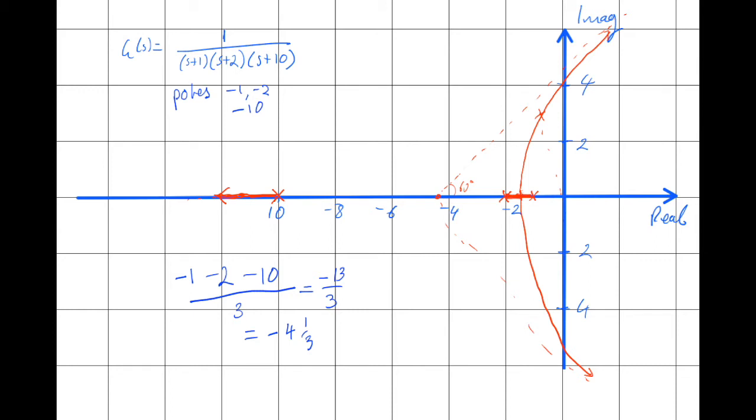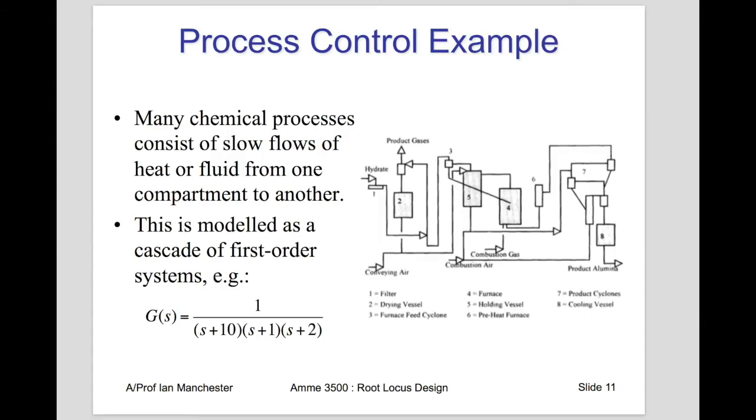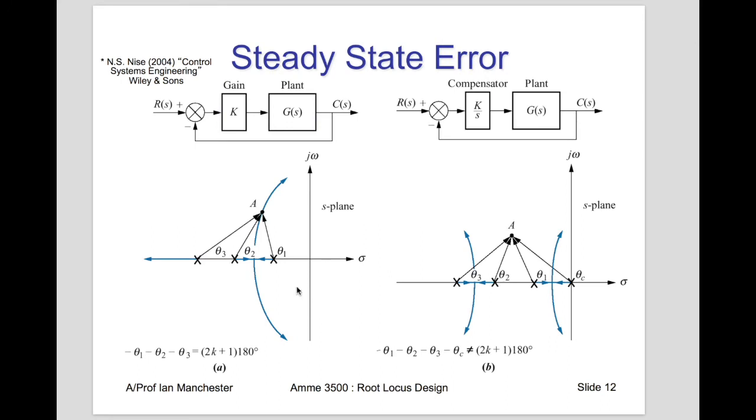So let's have a look at what happens with PI control. Here we have a system of this form with 3 poles. Now this is taken from the textbook. It's a similar kind of schematic, although a bit more evenly spread on the poles, but we still have the same root locus going off to minus infinity, and then these two come in and then they go up.